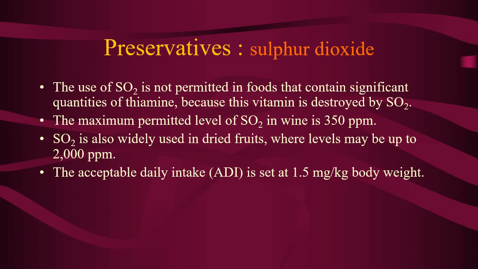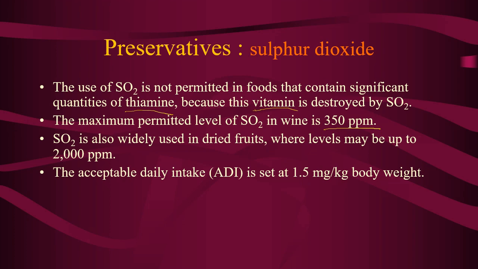The use of sulfur dioxide is not permitted in foods that contain significant quantities of thiamine, because this vitamin is destroyed by sulfur dioxide. Usually in wine, you can add as much as 350 ppm, which is the maximum amount permitted in wine. SO2 is also widely used in dry fruit, where the level may be up to 2000 ppm.